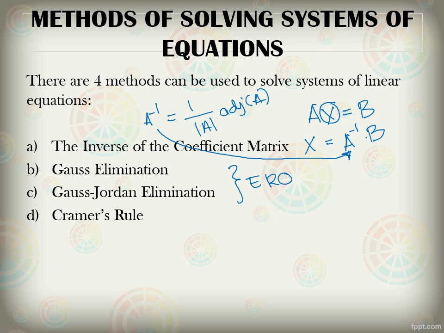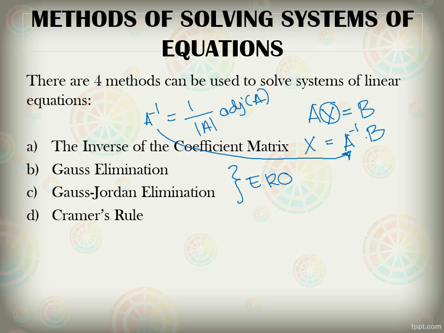So we will use the ERO method in Gauss elimination and Gauss Jordan elimination. Gauss Jordan elimination is the continuation from the Gauss elimination. I will explain more on these two methods in the next slide.